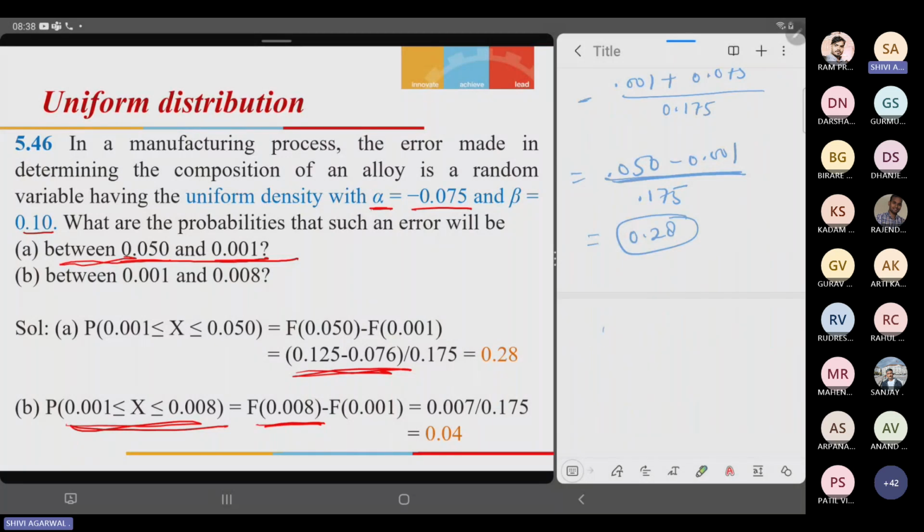This is 1 upon beta minus alpha. So 1 upon beta, beta is 0.10, minus alpha. Alpha's value is minus, so minus of 0.075. That will become 1 upon 0.10, minus minus will become plus 0.075. So that's why 1 upon 0.175.